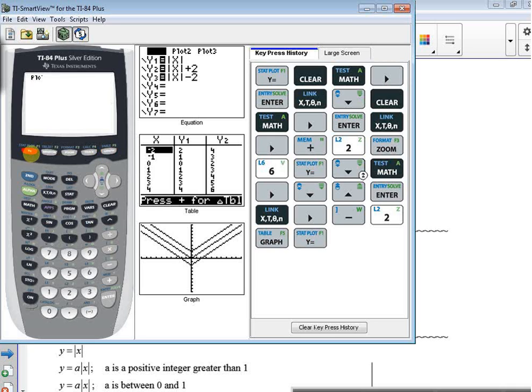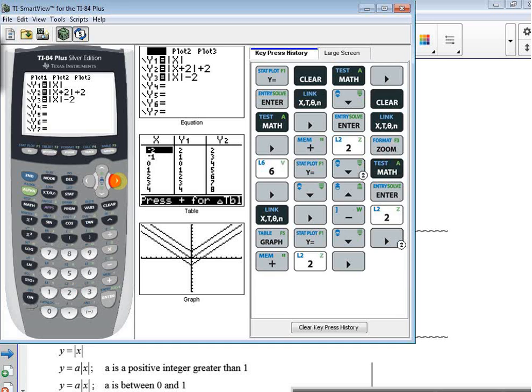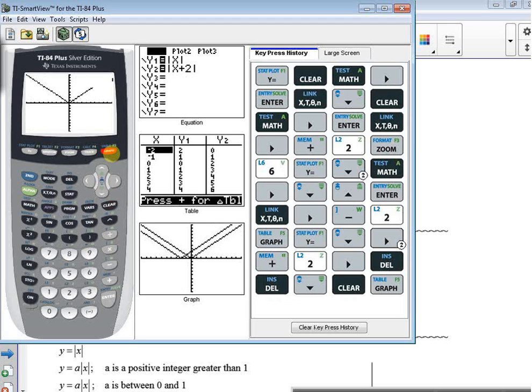However, if I change that and I go inside the absolute value and I do plus 2 and I delete the plus 2 on the outside and I graph that, we should see that moving to the left.